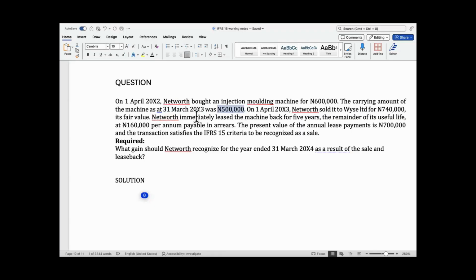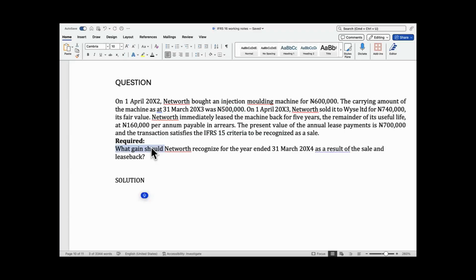Net worth immediately leased the machine back for 5 years, the remainder of its useful life, at 160,000 per annum, payable in arrears. The PV of annual lease rentals is 700,000, and the transaction satisfies IFRS 15 criteria to be recognized as a sale. What gain should net worth recognize for the year ended 31st March 2004 as a result of the sale and leaseback?